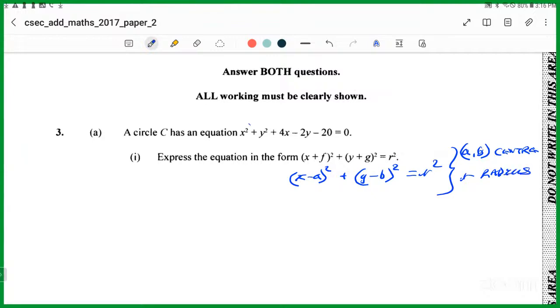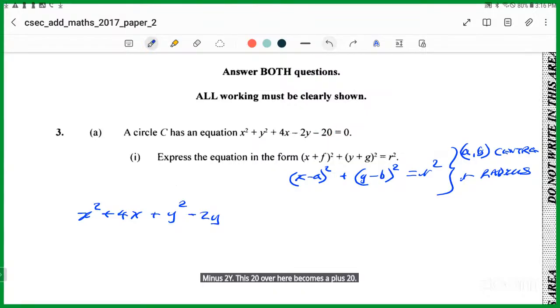What I want to do is first group these terms. Let's write it out. It says x squared plus 4x, and then the y terms, which is y squared minus 2y. And this 20 goes over here and becomes a plus 20 equals a positive 20. Then complete the square of these two terms.